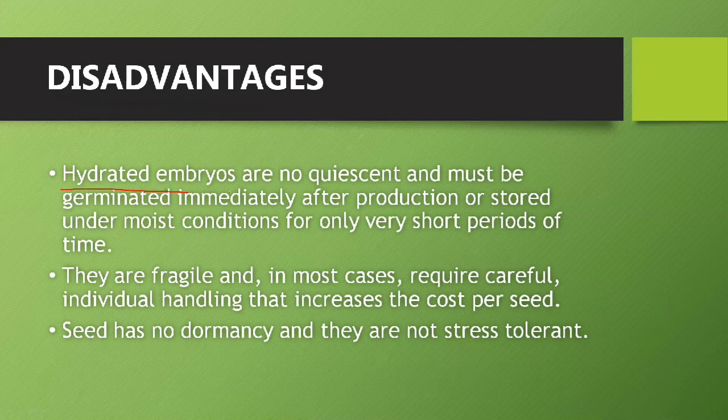So the hydrated seeds or hydrated embryos, after some time, won't be viable and won't germinate in the field. So they should be germinated quickly, or they should be stored under moist conditions.